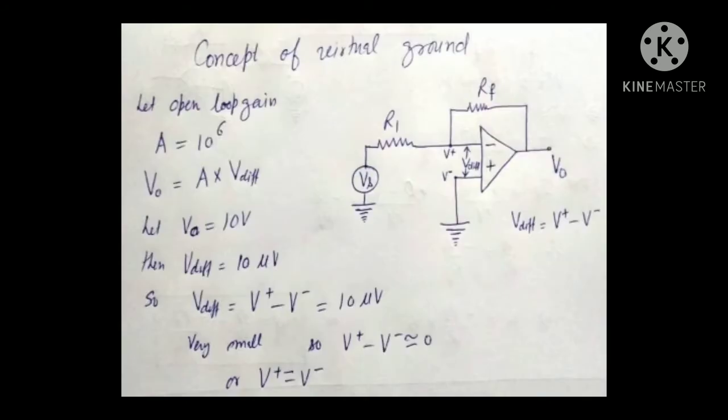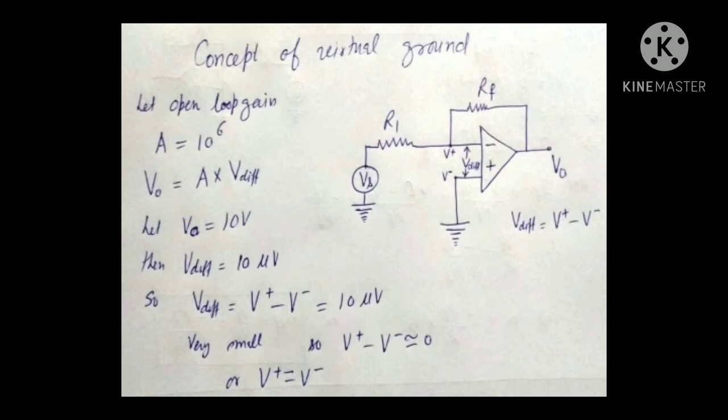Now let us take a closer look at this concept of virtual ground. We will see how this virtual ground is effectively maintained for a real op-amp. For a real op-amp, the typical open loop gain is about 10 to the power 6. So its output voltage is A times V difference.